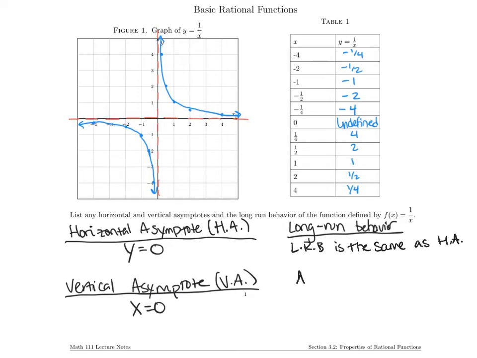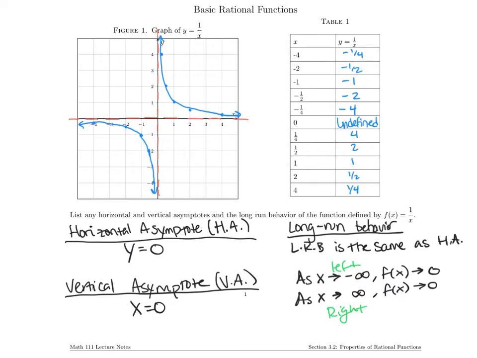So we can say that as x goes to negative infinity, f of x goes to 0, and as x goes to infinity, f of x goes to 0. So remember, 0, that's our horizontal asymptote. Here we're talking about a left arrow and right arrow, and those are both heading towards 0.